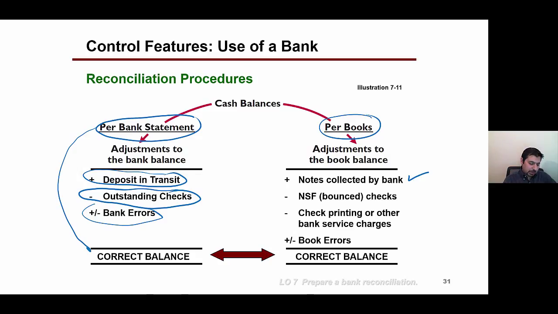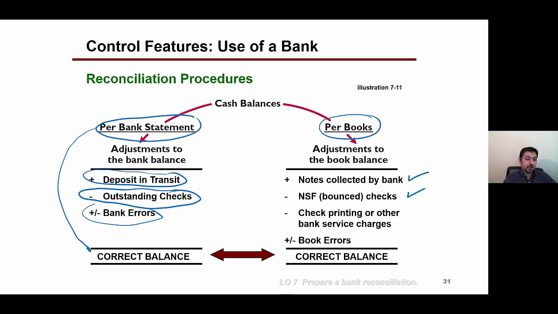We also need to subtract bounced checks, or NSF, not sufficient funds checks, because the company originally would have recorded that check as a debit to cash, but because it bounced, it has to be subtracted.